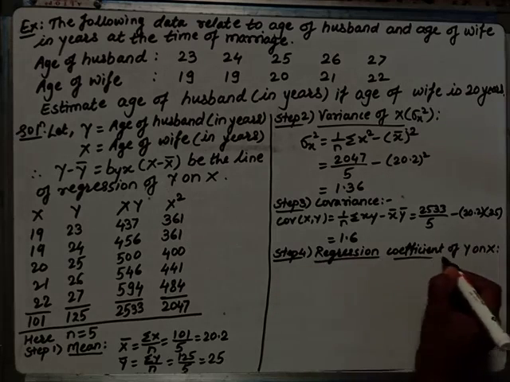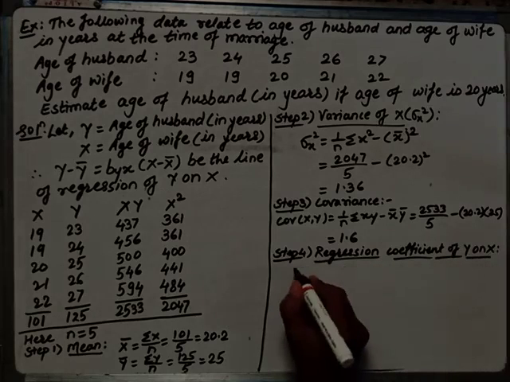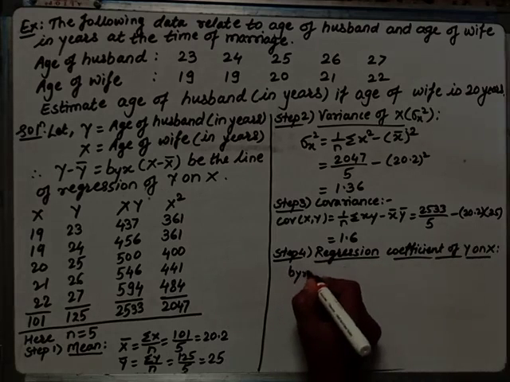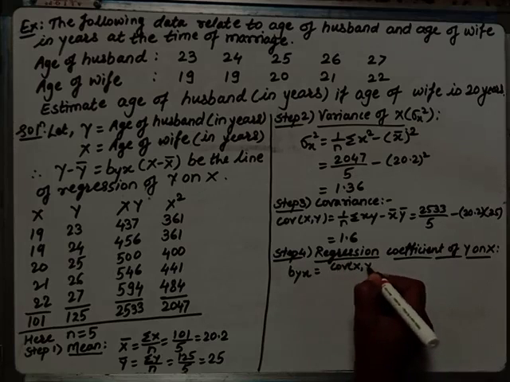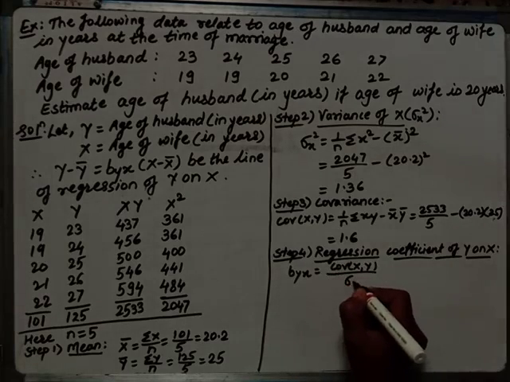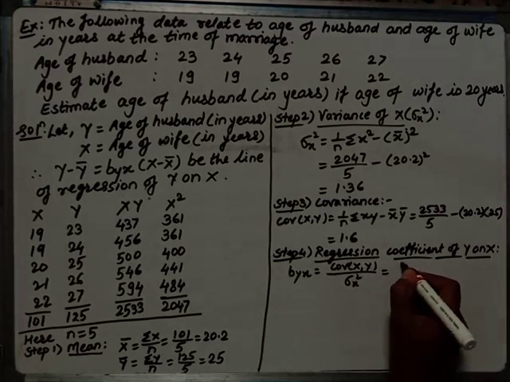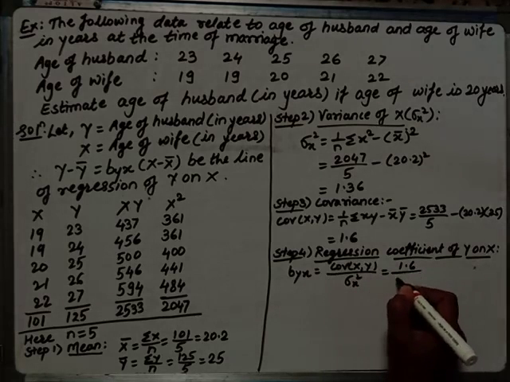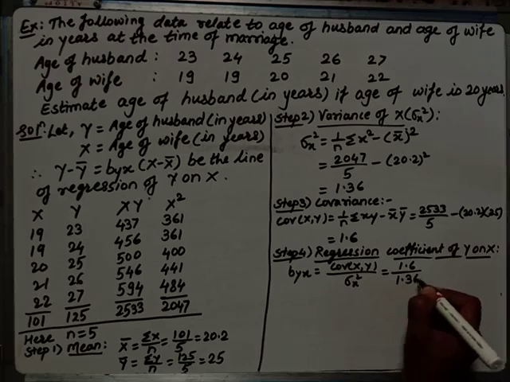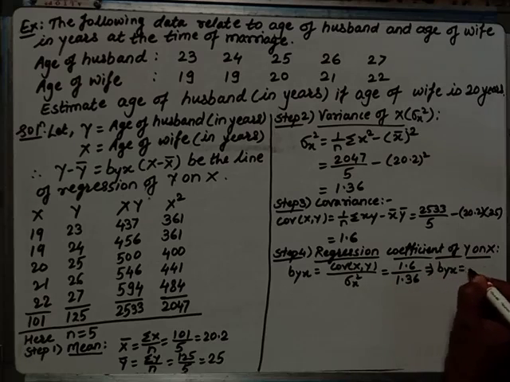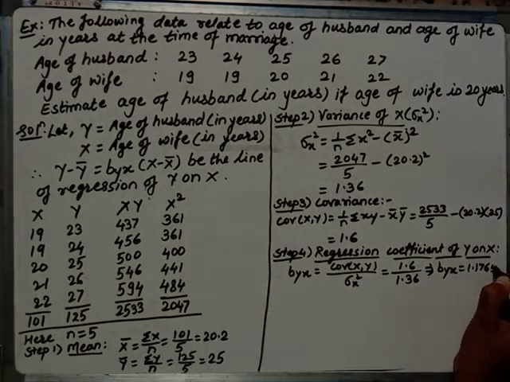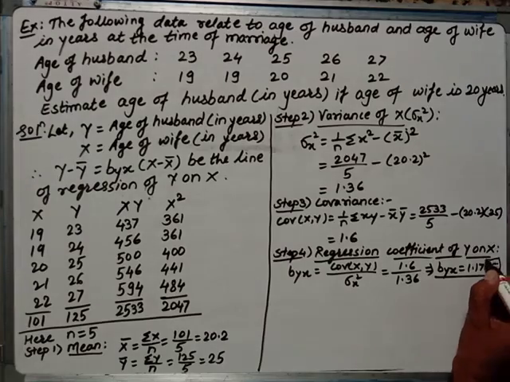The regression coefficient of y on x, that is byx, is equal to the covariance between x and y upon sigma x square, that is 1.6 upon 1.36. So it gives byx as 1.1765. This one.